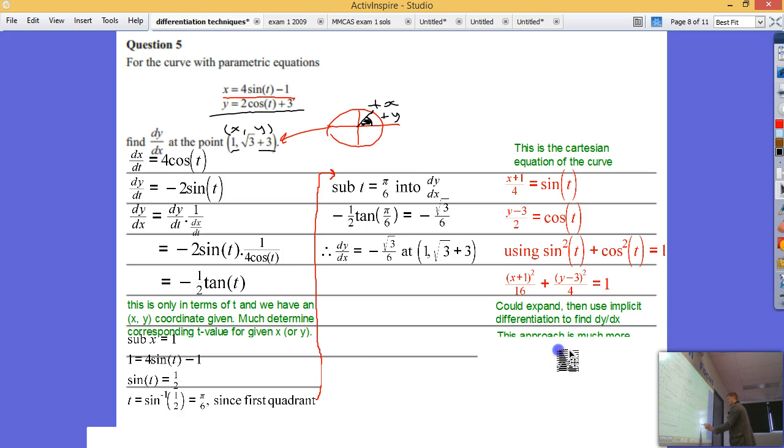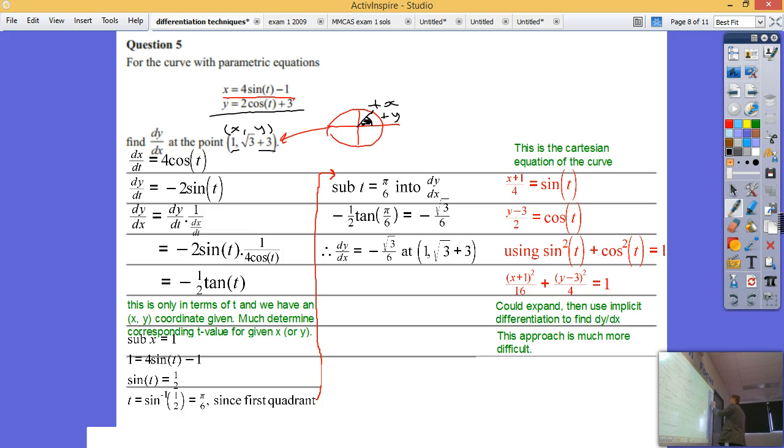From that, I could expand all the terms and have a relation in terms of x and y, and then I could use implicit differentiation like we have just looked at to differentiate this expression and then transpose and solve for dy dx. But it may be a more difficult approach to do it in that manner. So this is where the power of our chain rule approach comes into play.